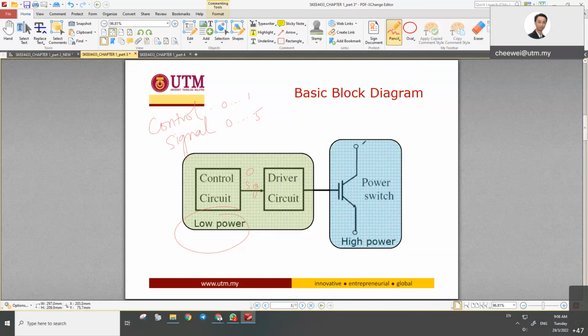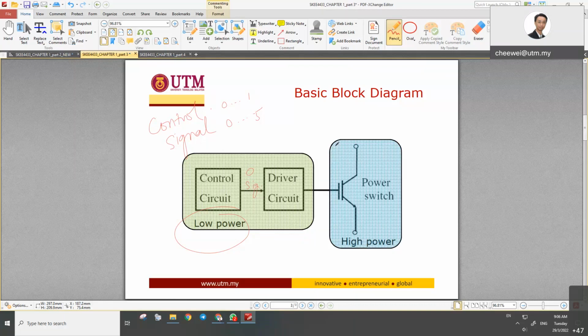Before we proceed, what symbol is this? Power switch. What is the name of this switch? Anyone here? Is it BJT? Diode? MOSFET?